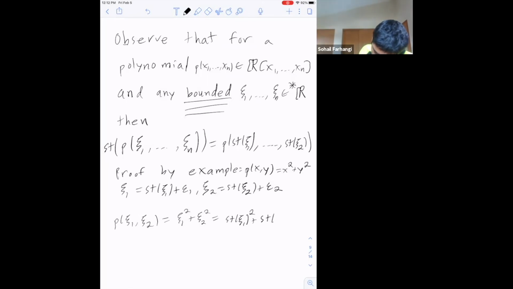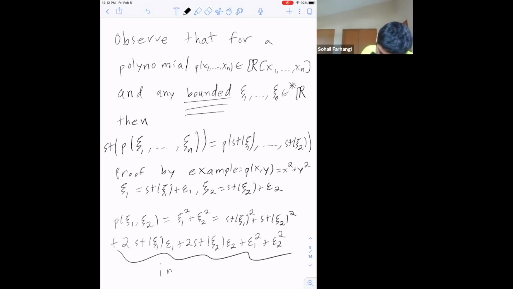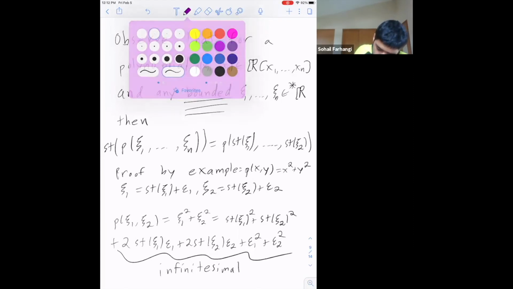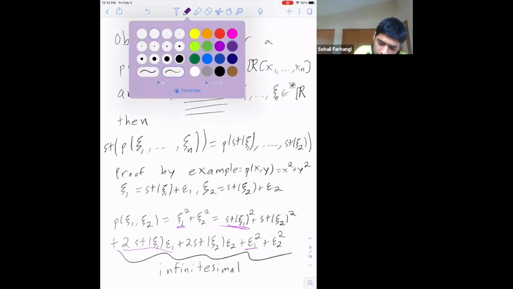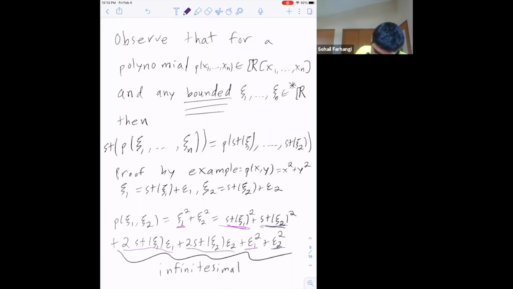So we have the sum of the standard parts squared, and then we're adding to that the expansion, if you just FOIL it out, and this is the expansion of this.